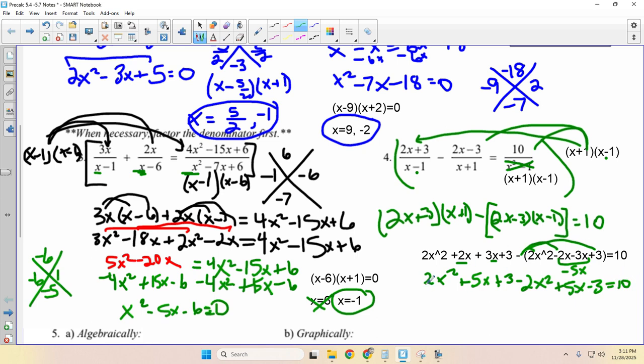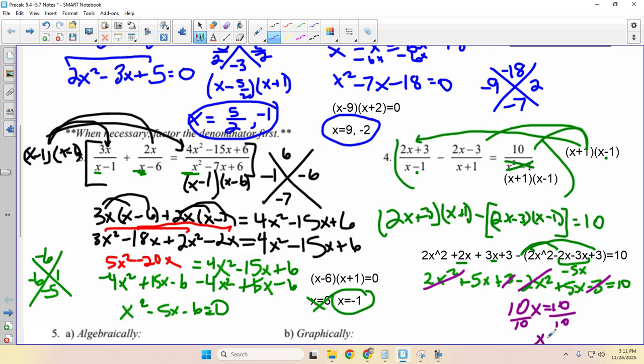Yay! The 2x squared and minus 2x squared cancel. The 3 and the negative 3 cancel. And we get 10x equals 10. Divide both sides by 10.